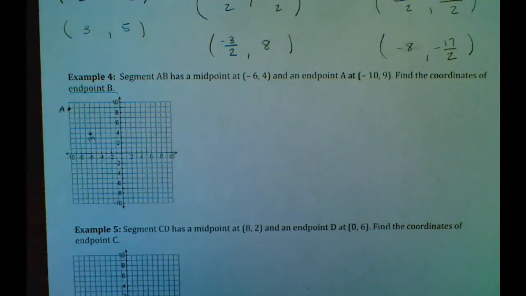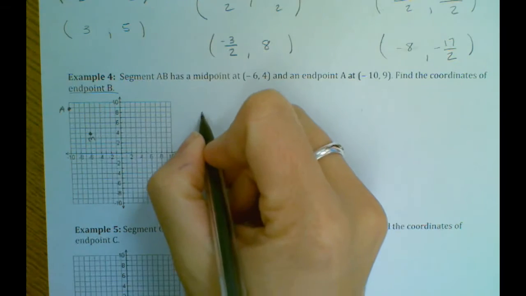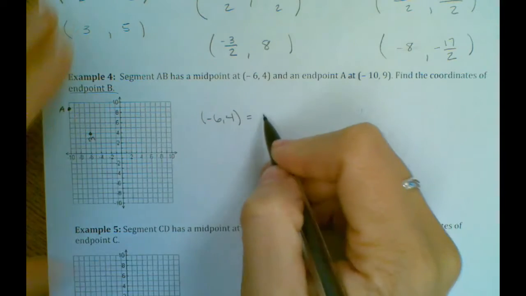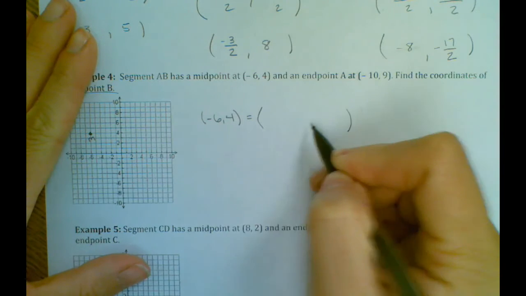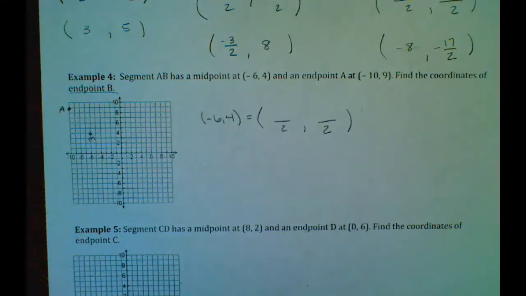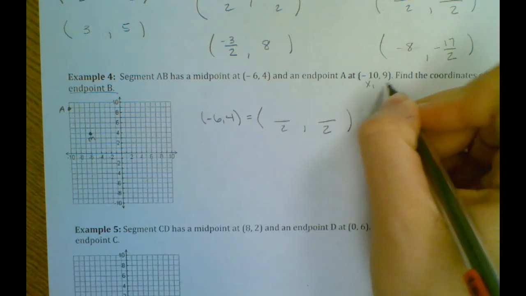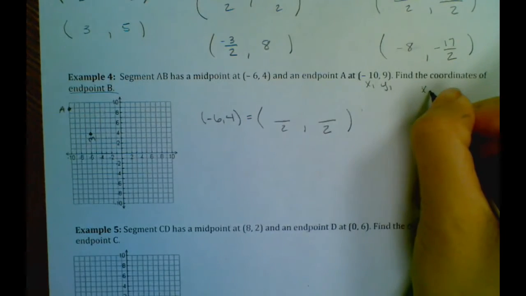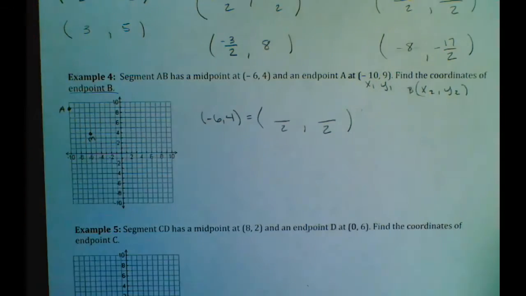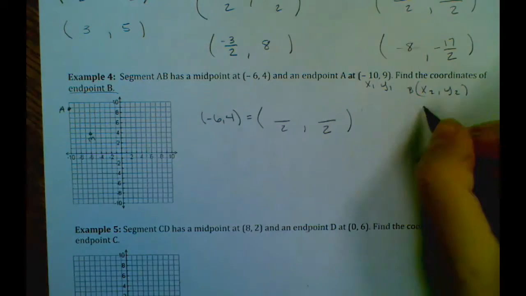So the way that we do this is we know the midpoint at the very end of this problem is negative 6, 4. And we're going to use the midpoint formula to help us out. So we have x1 and y1. We need to find x2 and y2, which is point B. This is what we're finding.